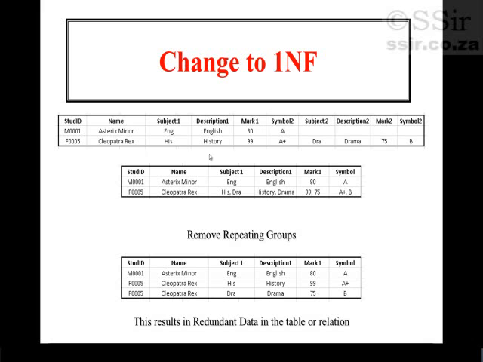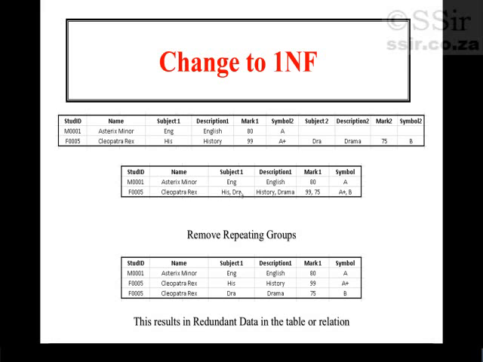Now, if you look at this second table that I put over here, it is merely a different way of writing the exact same table with repeating groups, but written in a different way. So Asterix still has only one subject, but Cleopatra now has her 2 subjects, but the repeating groups are slightly more disguised.